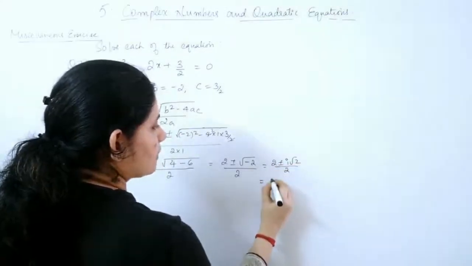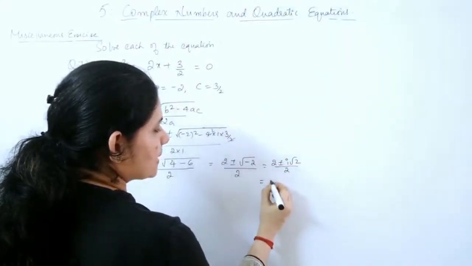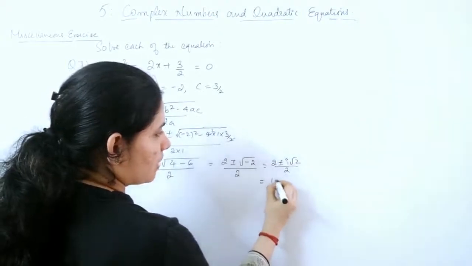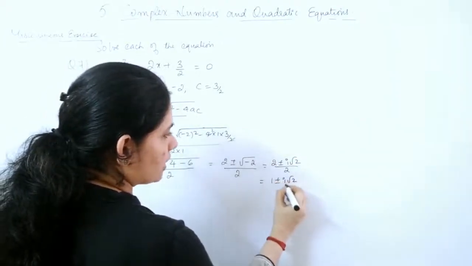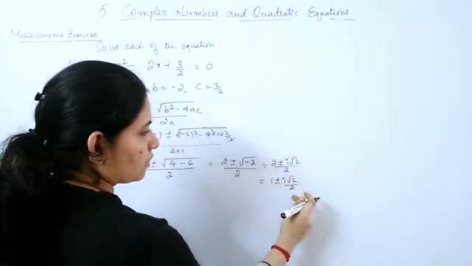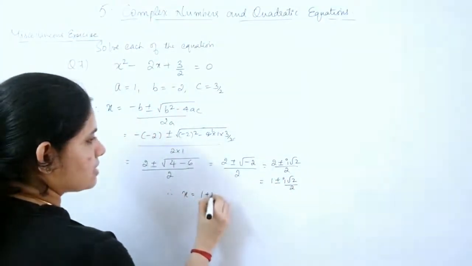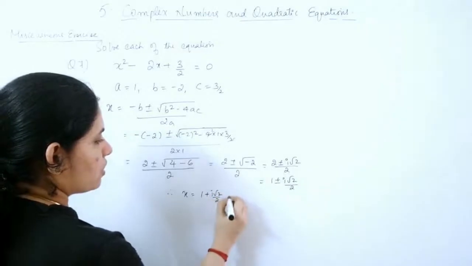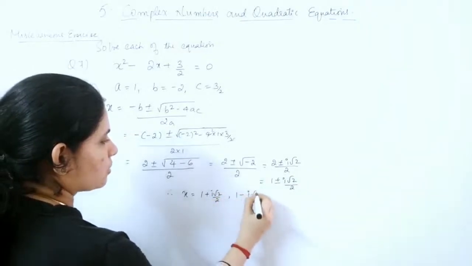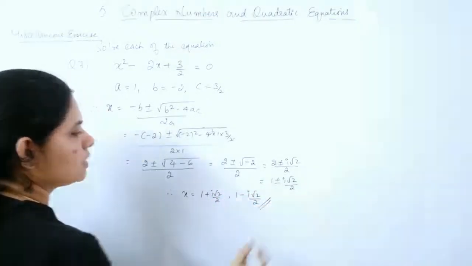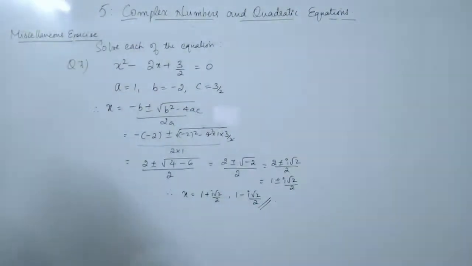Again, splitting and writing will give you 2 by 2 plus I root 2 by 2 or 1 plus or minus I root 2 by 2. Only that will have the denominator. That means your solution x is 1 plus I root 2 by 2 or 1 minus I root 2 by 2. So these are the two solutions.